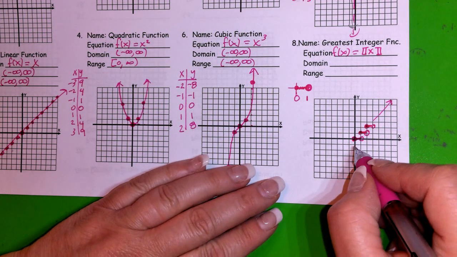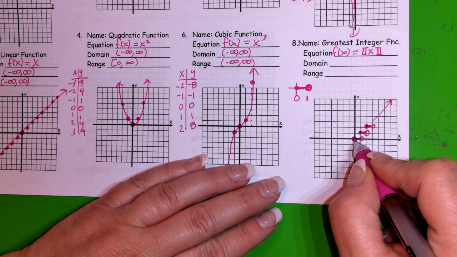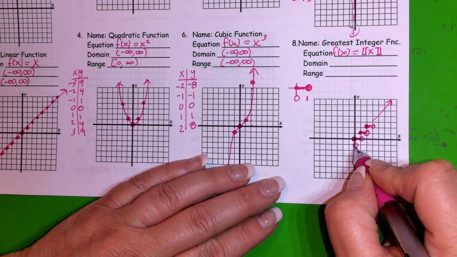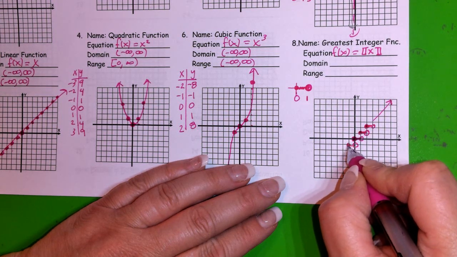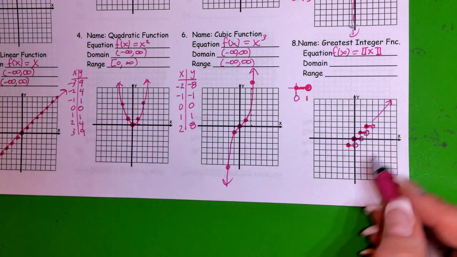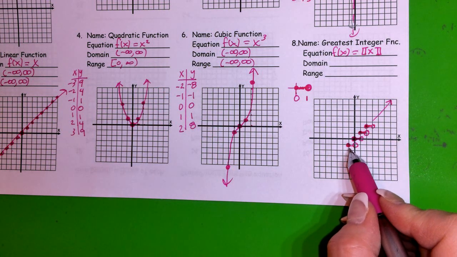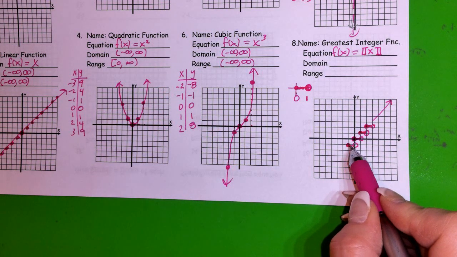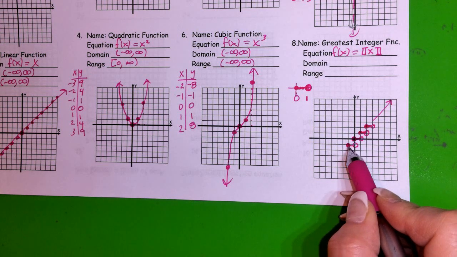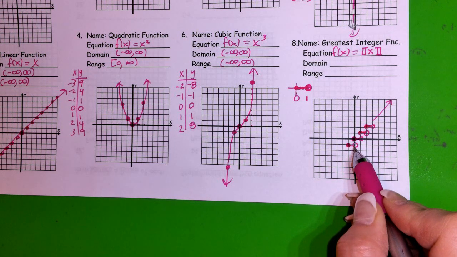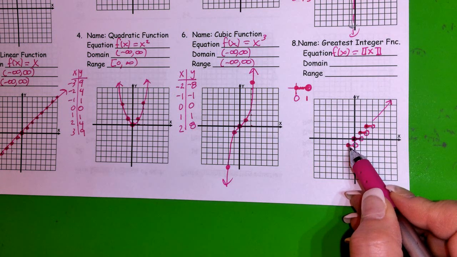Now we go the other way. Since this is already a closed circle, we're going to open that circle and go to the left. Close. So now on the negative side, all the values between -1 and 0, well, they haven't hit the integer 0 yet, so they're all going to round down to -1.